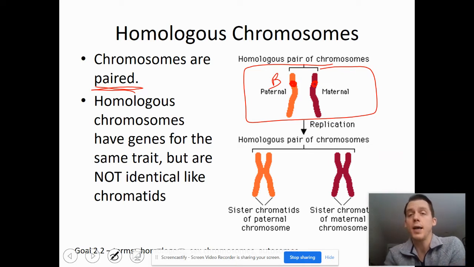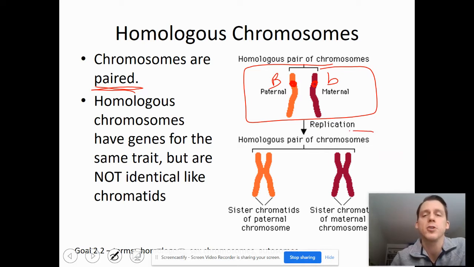Maybe, but maybe not. It could be perhaps for blue eyes. So you have the same genes, but they're not necessarily identical sections of DNA, right? You could have the gene on the paternal homologous chromosome for being short, and on the maternal, you could have a gene for being tall. So it's still the same gene, but it's different variations of that trait.